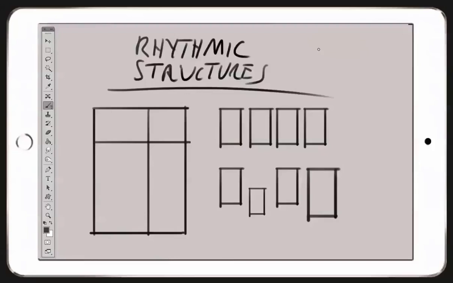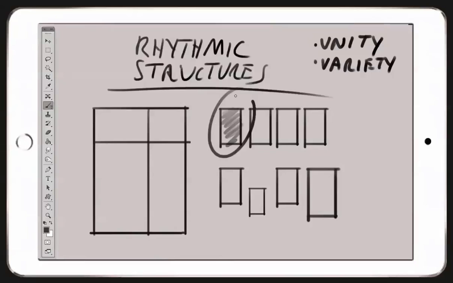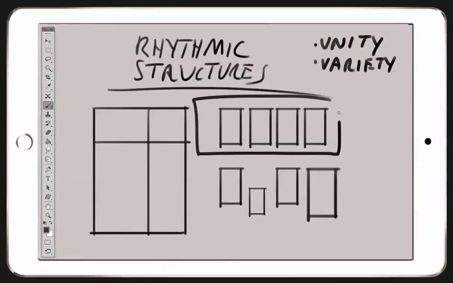For a composition to be good, or even great, it must possess unity and variety or diversity. Now, unity is achieved when you have, let's say, a shape like this one here, for example, and it is repeated again and again, like in this example.